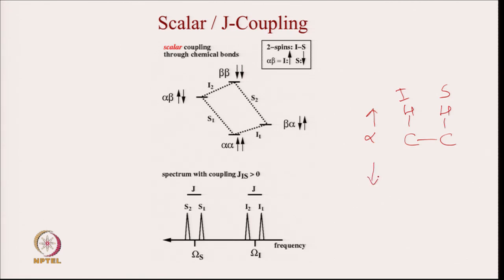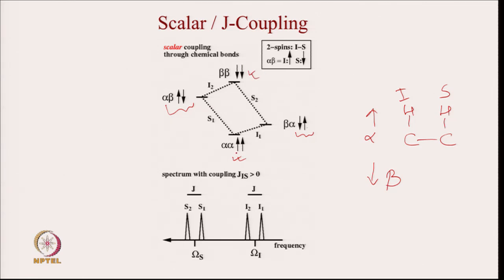If the spin is in this direction, then I give it the beta sign. So, the two spins can arrange in 4 different ways. First, when both are up. In the second, one is up, another is down. The third, one is down, another is up, and in the fourth, both are down.